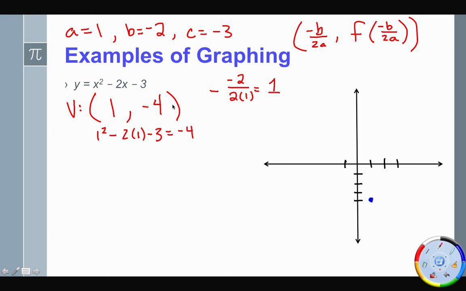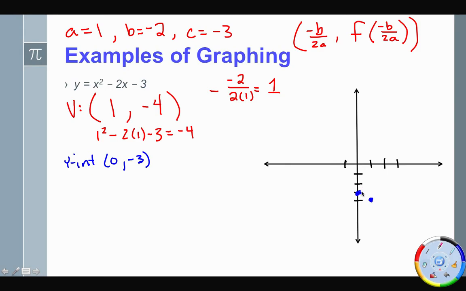Actually, what we should do is find our y-intercept, but we're going to find that anyway. The y-intercept is when we get 0 for x, and our y-intercept is 0, comma, c, and in this case, c is negative 3. So we get 0, negative 3.